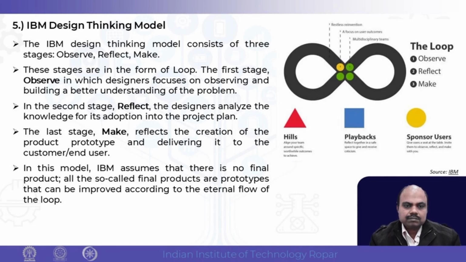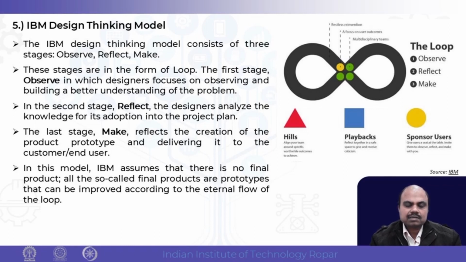The IBM design thinking model consists of 3 stages: observe, reflect, and make. These stages are in the form of a loop. The first stage is observe. In this, designers focus on observing and building a better understanding of the problem. The second stage is reflect.